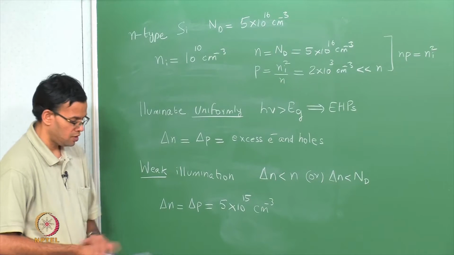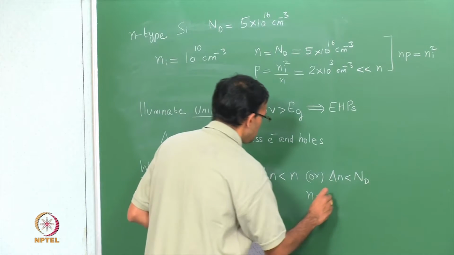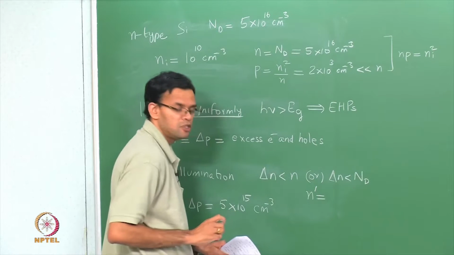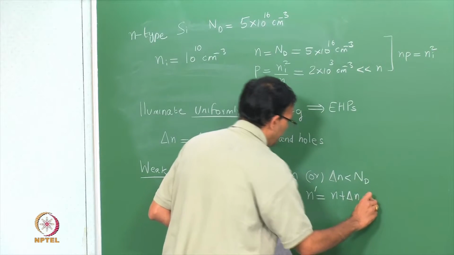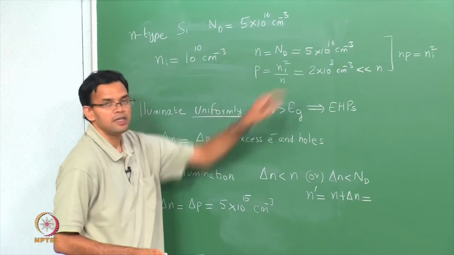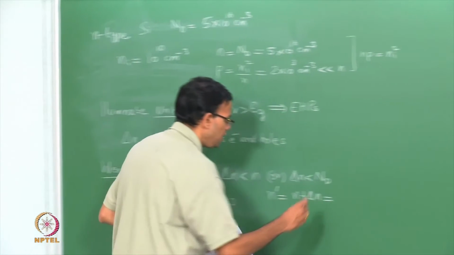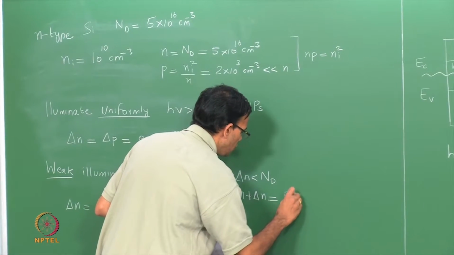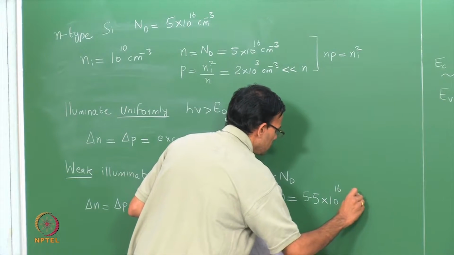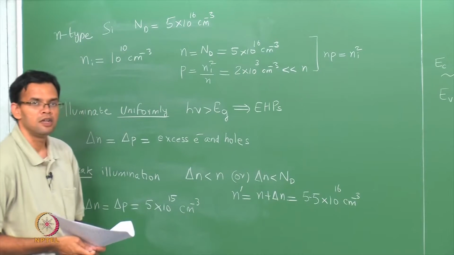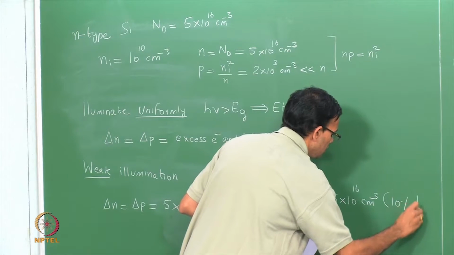If we have this, your new electron concentration, let me call it n prime, is n plus delta n. So, n is 5 times 10 to the 16, the excess is 5 times 10 to the 15. So, the new concentration is 5.5 times 10 to the 16, which is approximately a 10% increase.